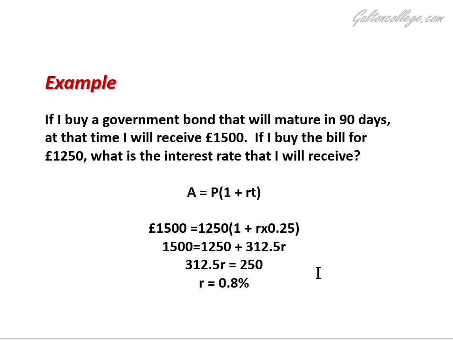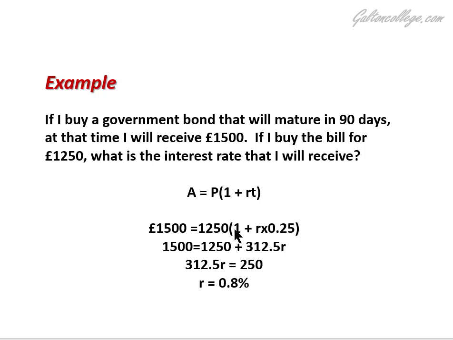So what we've got here is a calculation for showing how to work out a rate of interest. Some of you may have been confused where this 312.5 comes from. That's simply R multiplied by 0.25 multiplied by 1250.